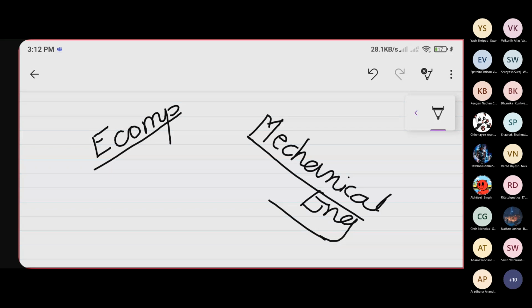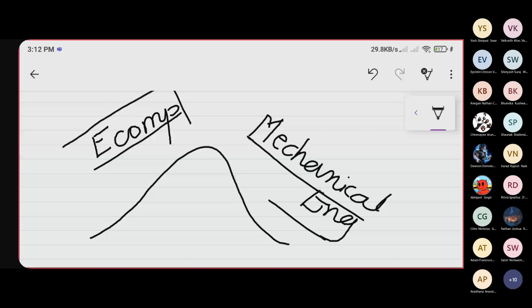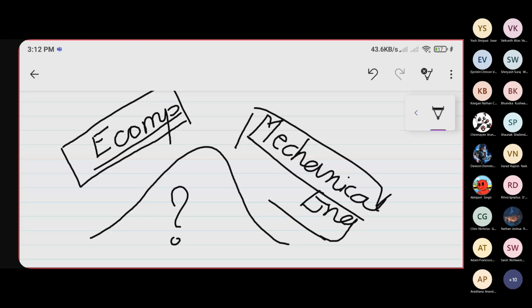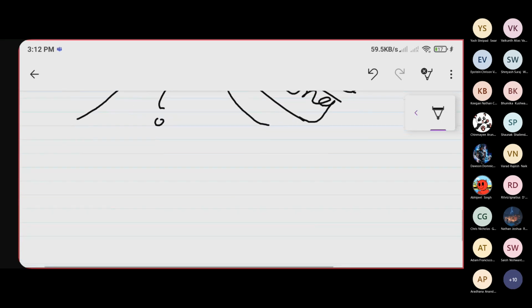Now these are like two sides of a hill, right? Your aim will be: if I want to do all such things with computers or electronics, why do I need to study mechanical? Your question is genuine, legit, right? And that question we are going to solve first, and then we will go to the syllabus.